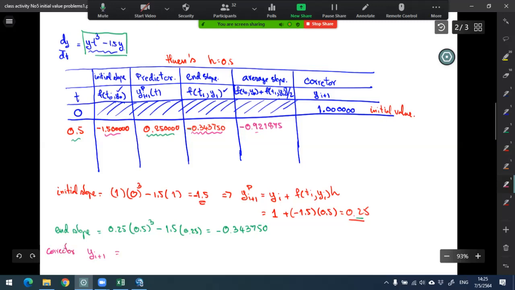It is equal to y i, that is 1, plus the average slope multiplied with h.